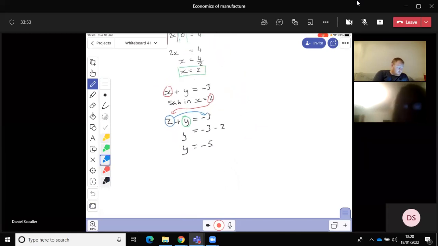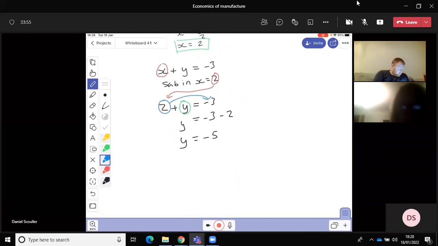Now we can check that by substituting y equals negative 5 into one of the other equations.